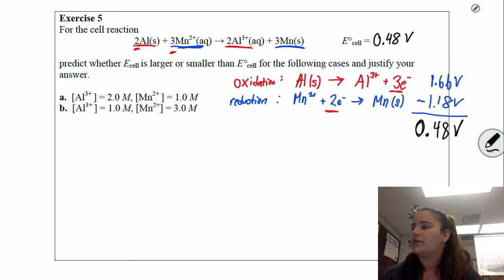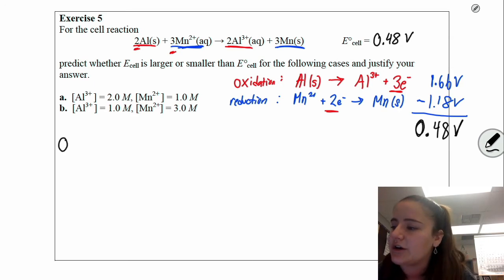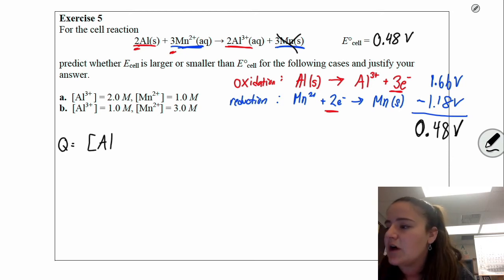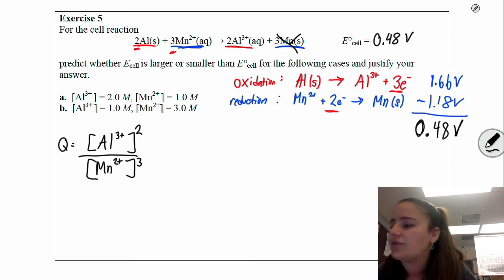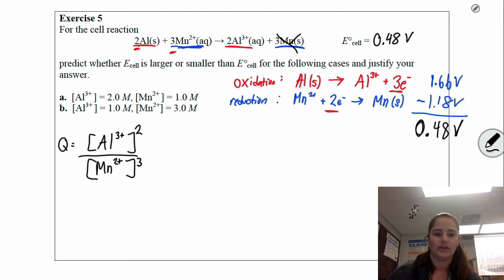If we were going to write our Q expression, solids do not get included, so it would just be aluminum 3 plus to the second power over Mn2 plus to the third power. So those are our two aqueous ones.